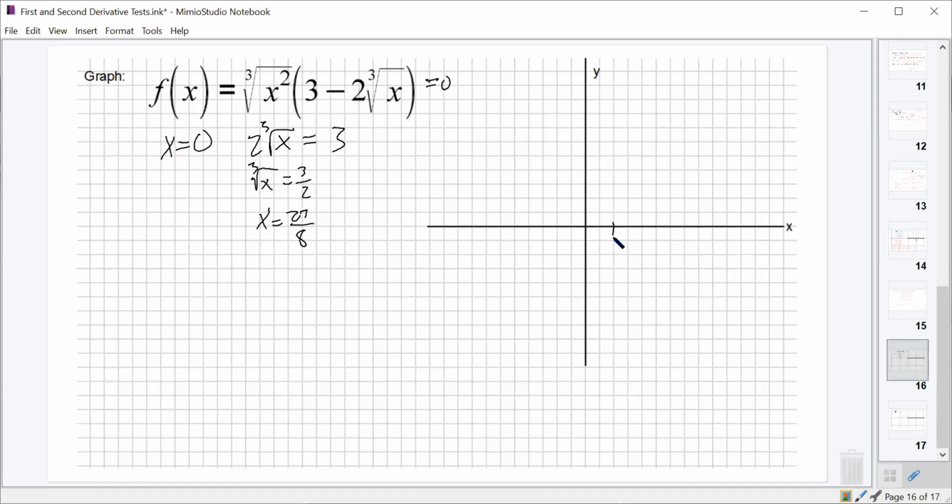So that's about 3 3/8. Well, it's exactly 3 3/8. And then at 0, 0. So we got 2 x-intercepts. Everybody good with that?